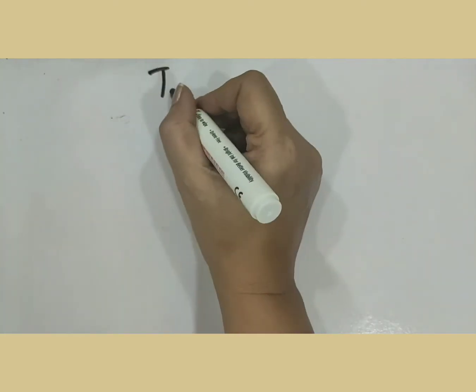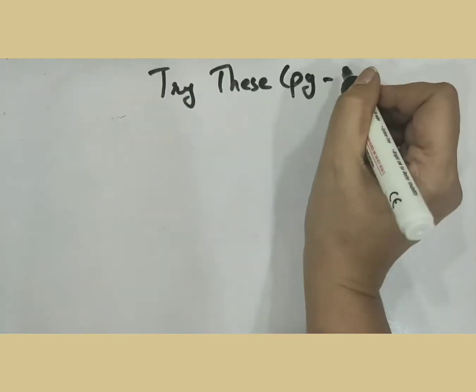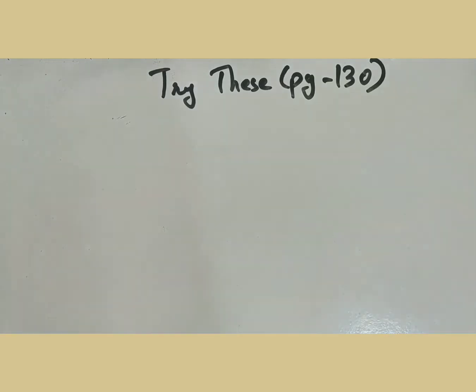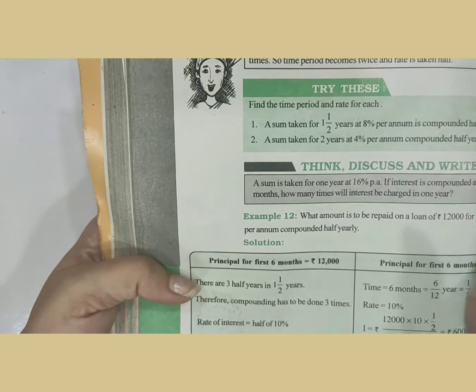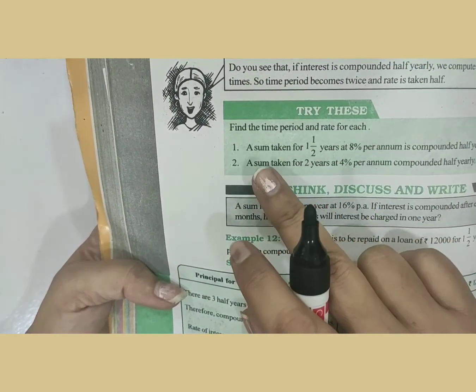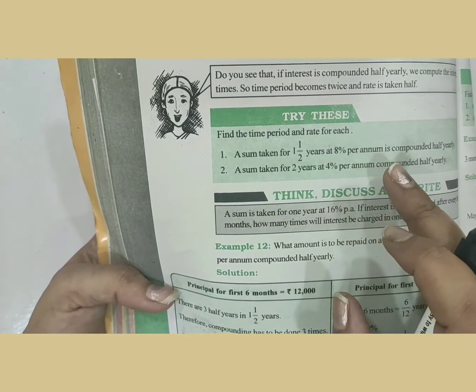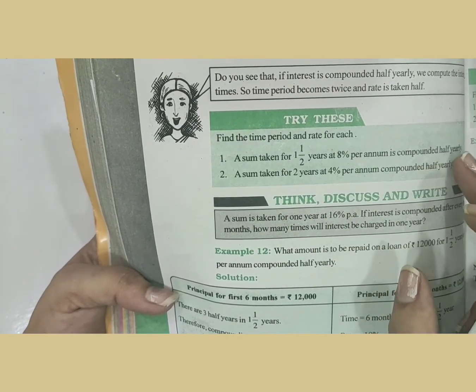Try this exercise on page number 130. Let us solve. Now here the question is, find the time period and rate for each. A sum taken for 1.5 years at 8% per annum is compounded half yearly.